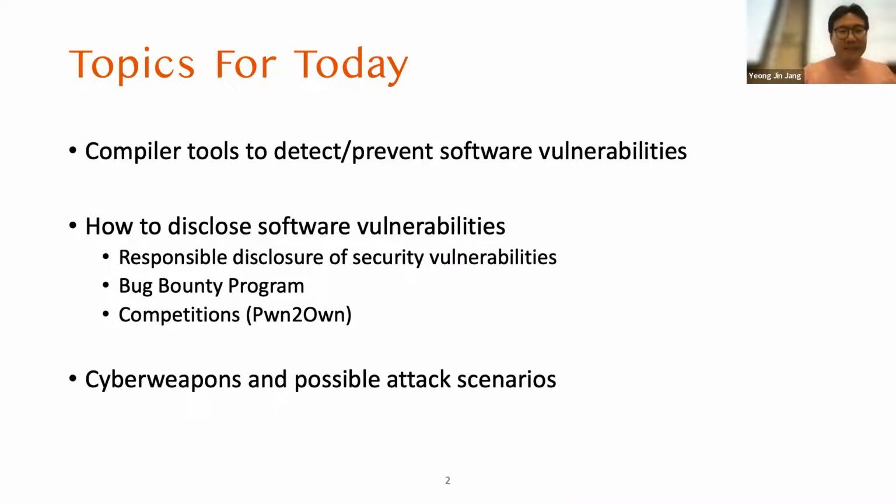We will learn more about other ways of disclosing vulnerabilities responsibly, and how we can interact with vendors or others to securely report a vulnerability to them. Then I will cover a little bit about cyber weapons and some attack scenarios. On Thursday, as the final lecture, we will learn more about malware and Stuxnet, to learn about what the real threats out there are.